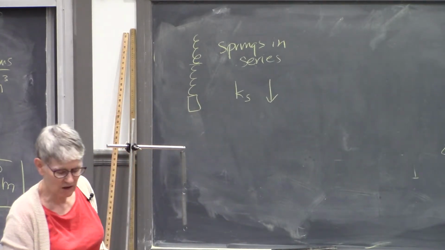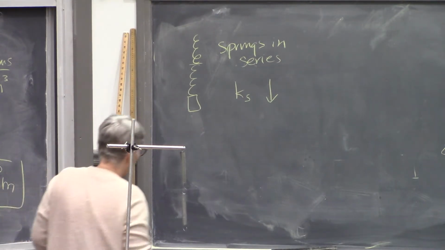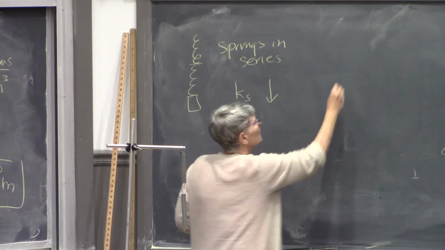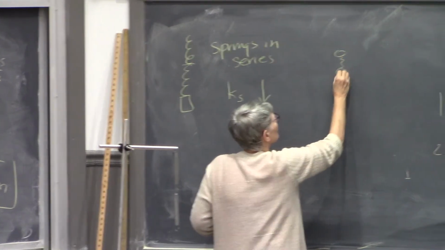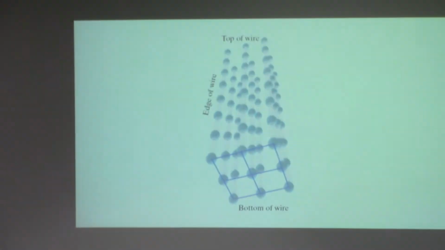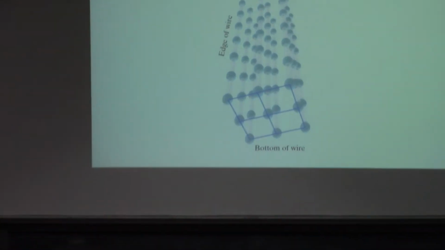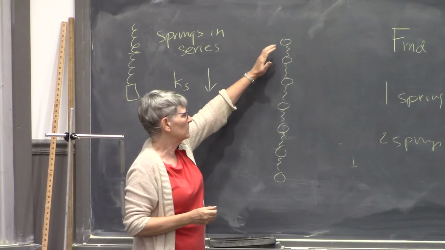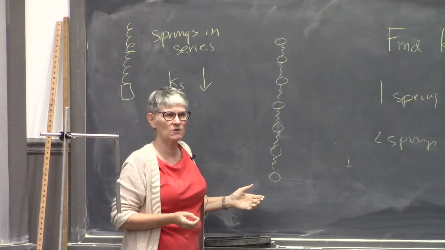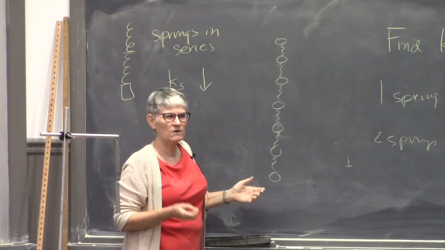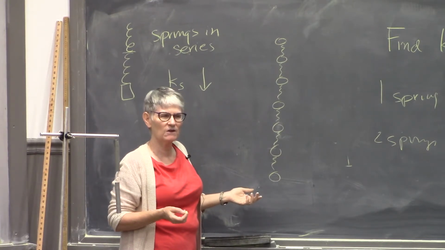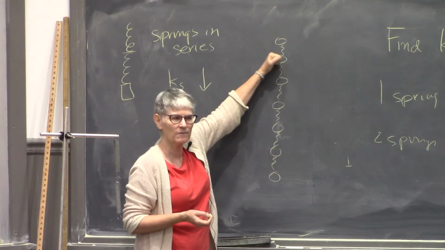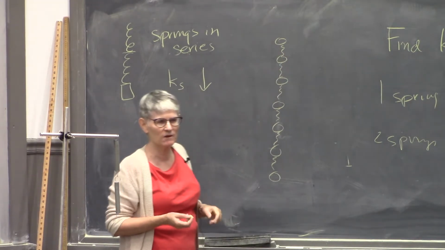So when we have a long chain of springs like we have here, if we have 10 springs in a row, the total stiffness should be something like a tenth of the stiffness of one spring, right?